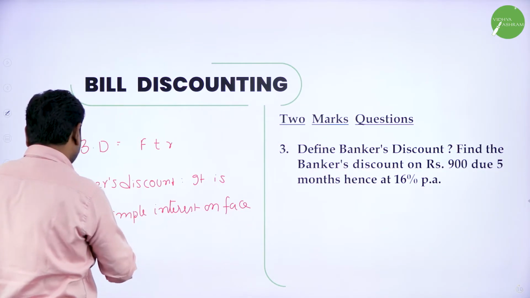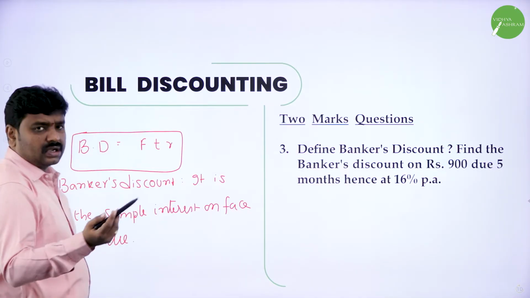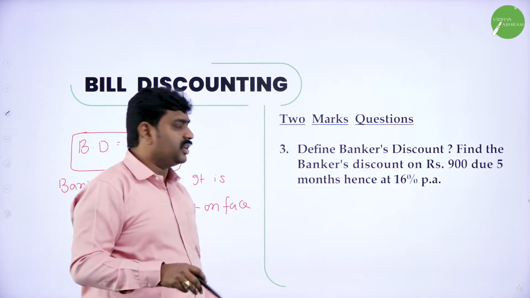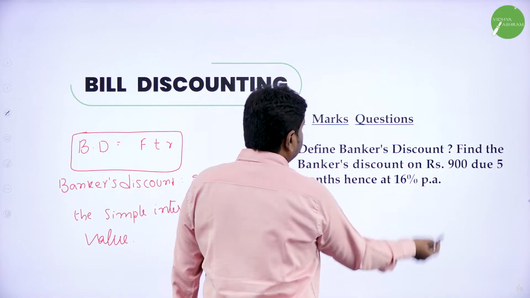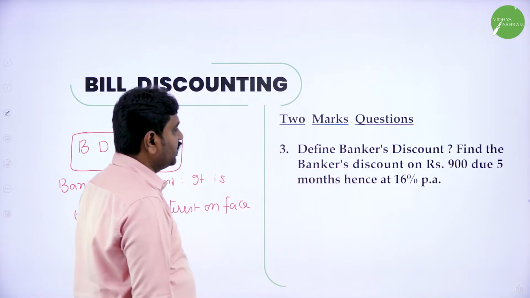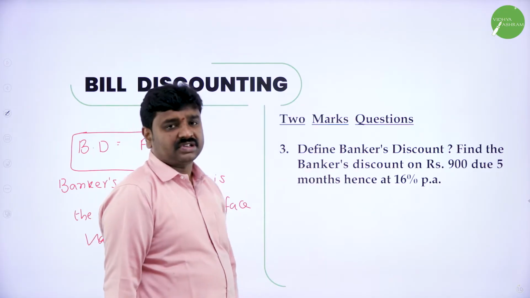All of you know what is meant by face value? The value present on the bill, or the value you get after the maturity of the bill, is called face value. So now find the banker's discount on rupees 900 due 5 months hence at 16%.